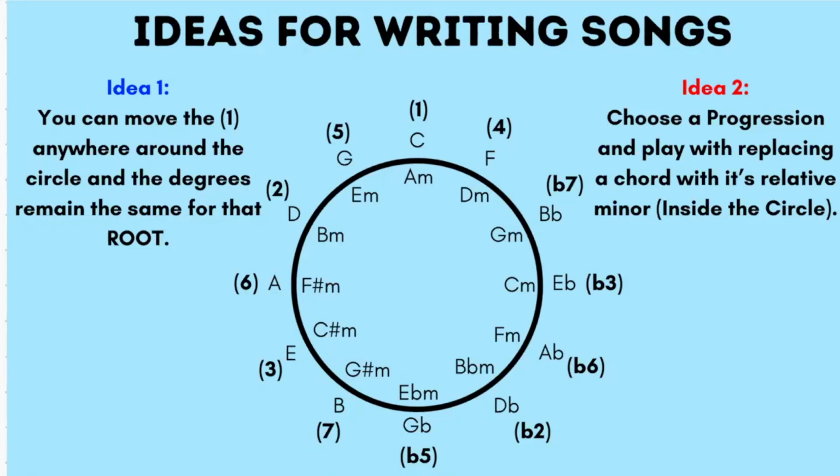All right. So idea two, choose a progression and play with replacing a chord with its relative minor, which is inside the circle. We've discussed that already. So an example, let's do C, F, and G again, the easy one to do.